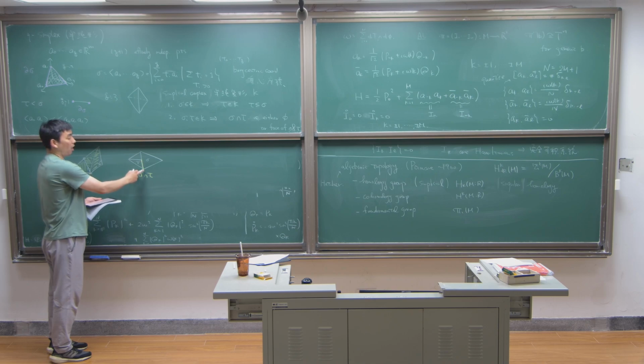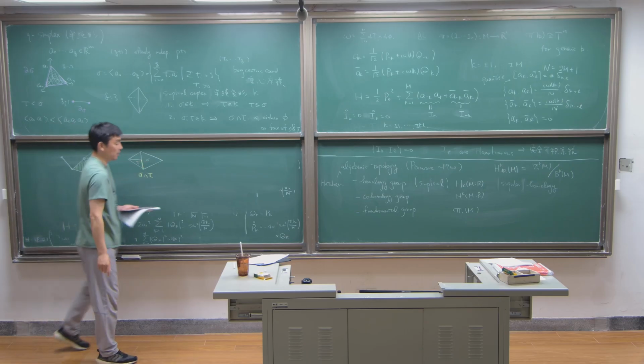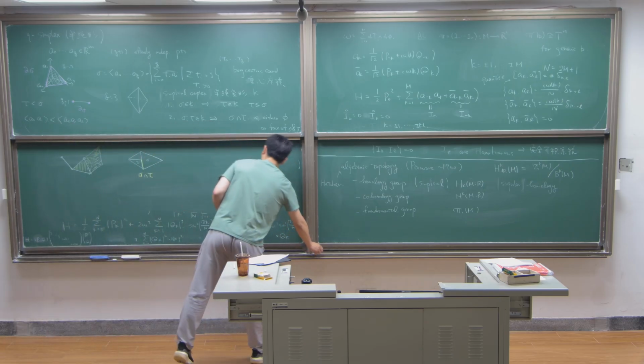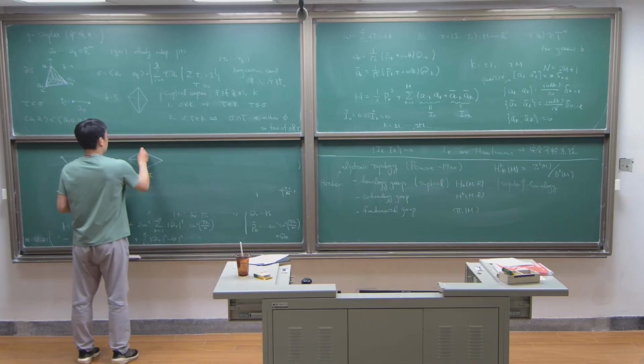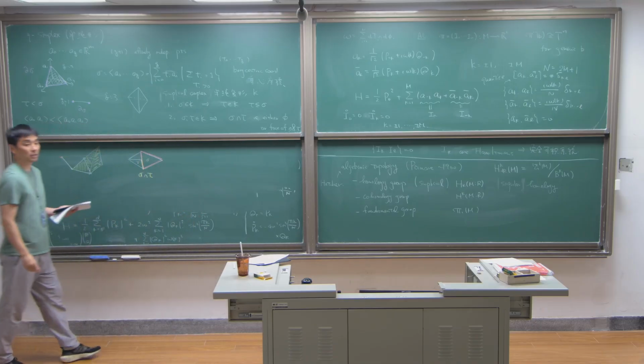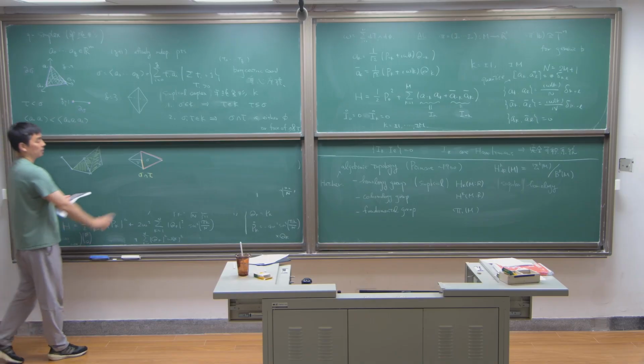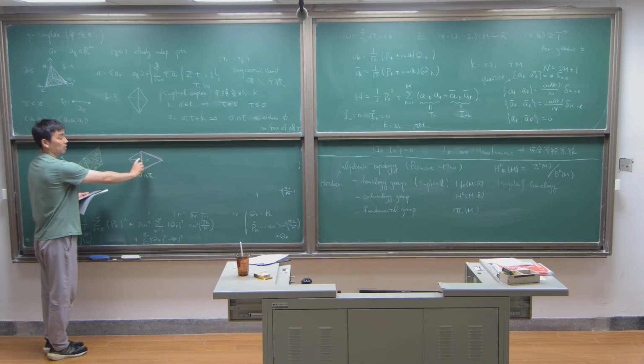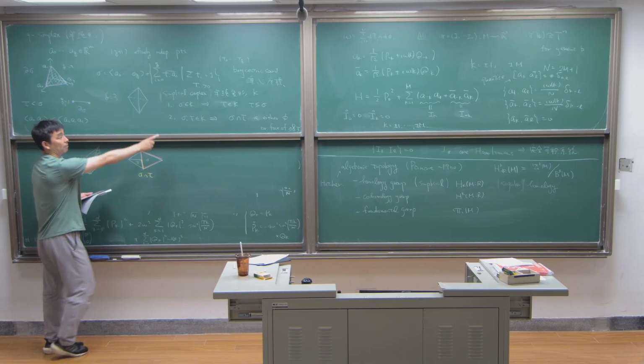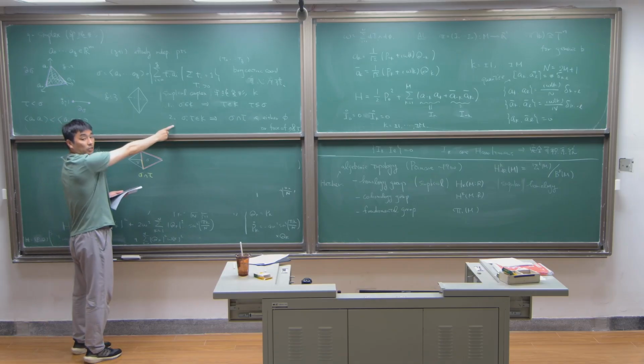However, this part is not a face of sigma. The face of sigma is this red part, but this green part is clearly not a face of sigma. Therefore, it doesn't satisfy the second condition.